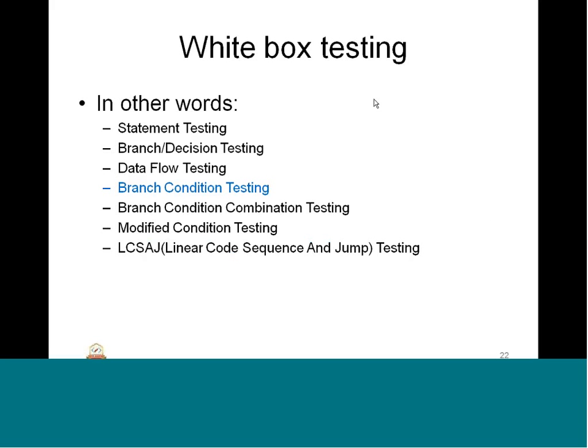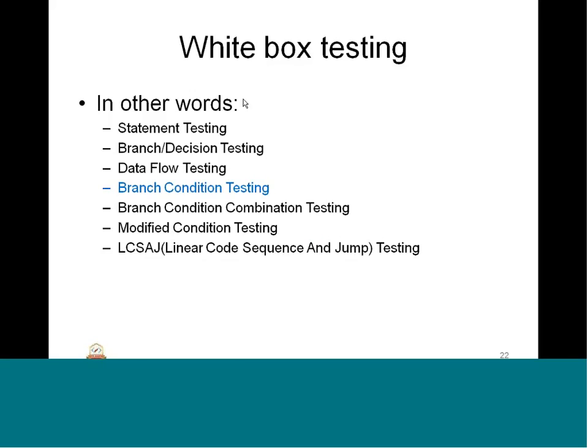Okay, so we have studied statement testing, where all the statements have to be executed and invoked, and in branch or decision testing, we have seen every diamond, the crossing blocks, the decisions. Sorry, it's not conditions.